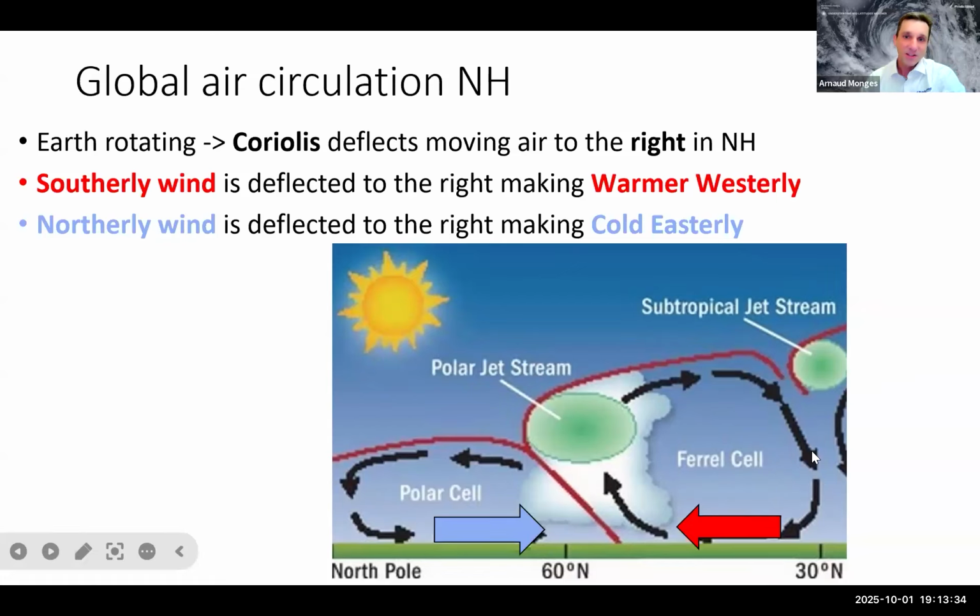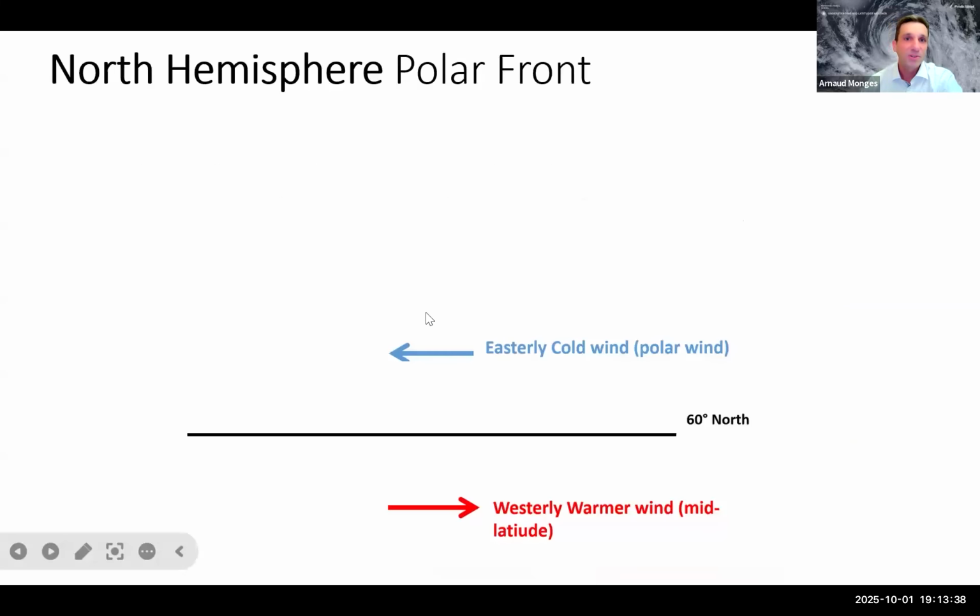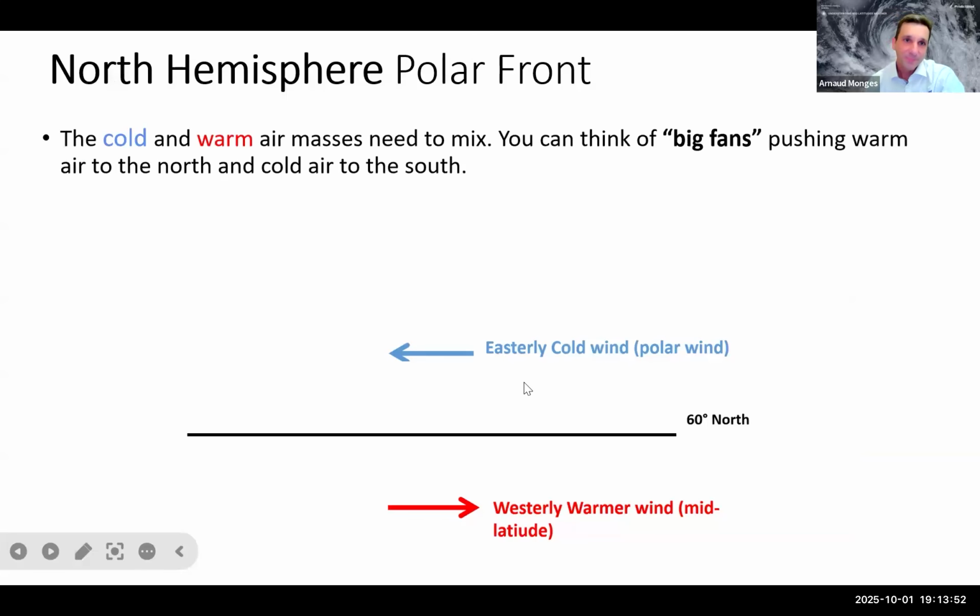So now that this picture is clear, this is a cross section, I am going to represent the same thing, but in a 2D view. So we've got the polar front, and as we said before, to the south, we've got the westerly warmer wind, and to the north, we've got the easterly cold wind. So those two air masses need to mix, okay? Like the radiator, we need to mix the air to try to get some balance.